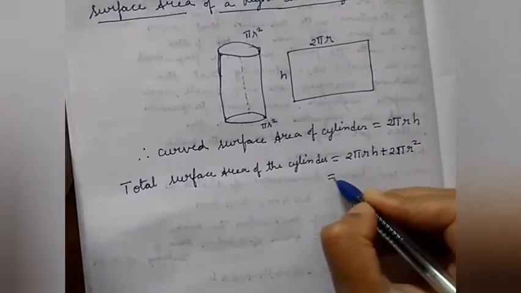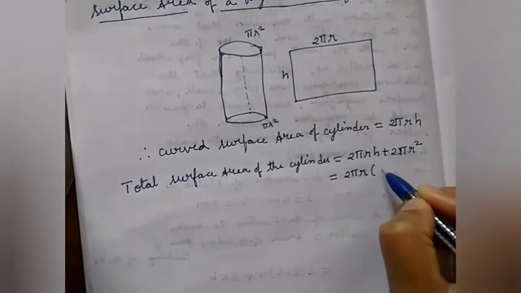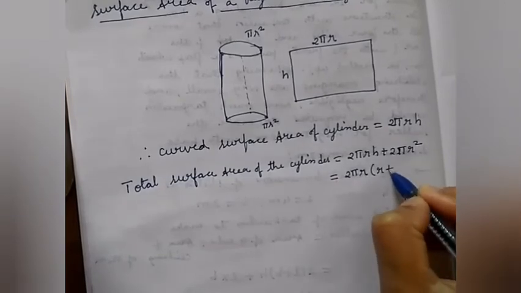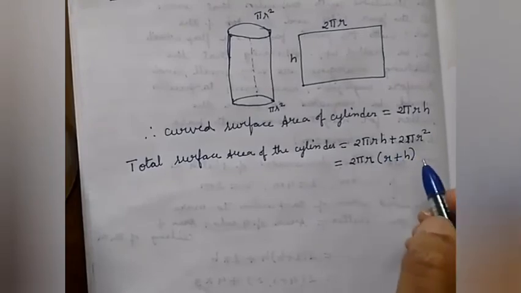Now in both terms, if we take 2 pi r common, we are left with r plus h. H plus r or r plus h, both mean the same.